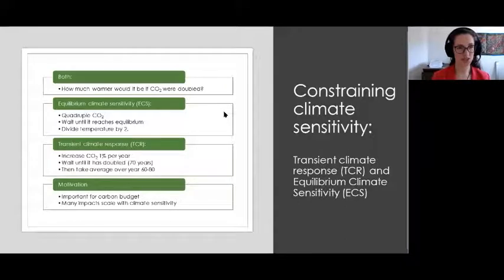It's really important to know these things well, because the carbon budget depends on it. We saw that the thermal fraction is the most important thing in determining TCRE in CMIP6, and basically all the other impacts of climate change usually scale with climate sensitivity.